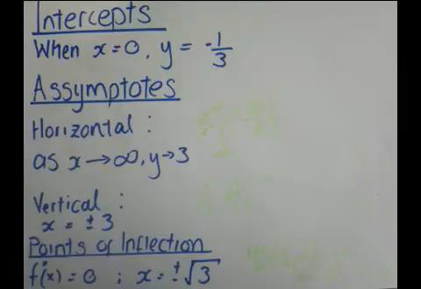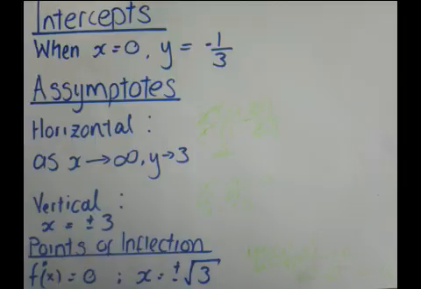Then for the asymptotes, we get the horizontal and the vertical. To get the horizontal, we say as x goes to infinity, what do we have? In this case, we're going to have 3. As x goes to infinity, y approaches 3, but it never touches the line y is equal to 3.